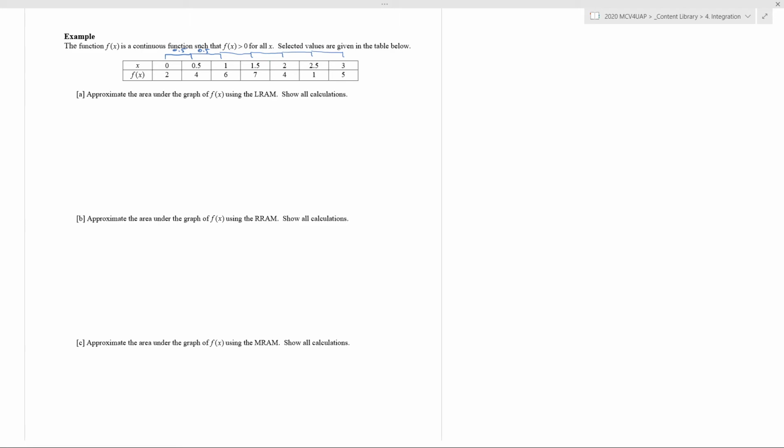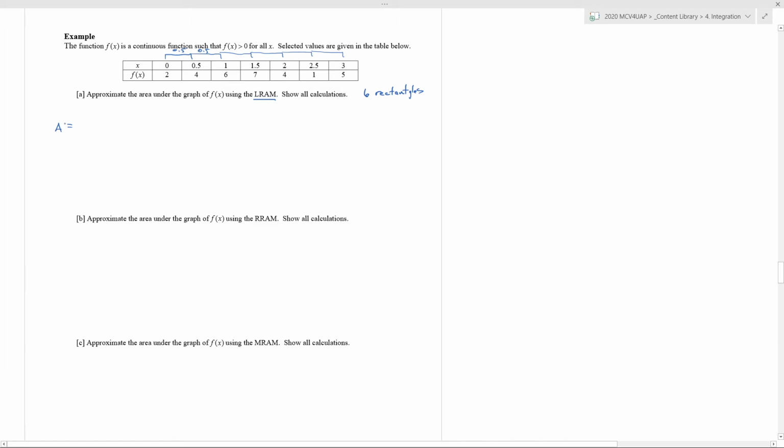So if I'm doing LRAM, when I write this out, the width of every single one of these 6 rectangles is a half. So why don't I just pull out that 1/2 outside. Okay, that's the width of every single one of the rectangles, and then just write down what the heights are.